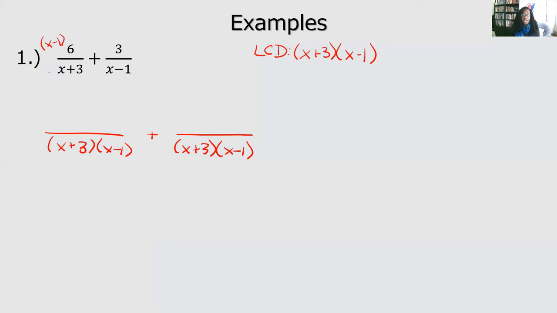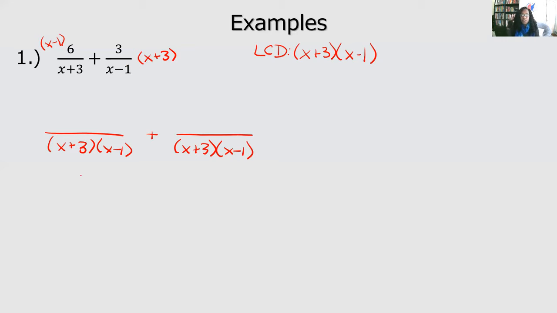Whatever I do in the denominator, I have to do in the numerator. In order for me to get that same denominator, I need to multiply this side by x plus 3. Whatever I do in the denominator, I have to do in the numerator. So it's almost like there's a crossing. The x plus 3 crossed over to the other side. The x minus 1 crossed over to the other side, and then we multiply.